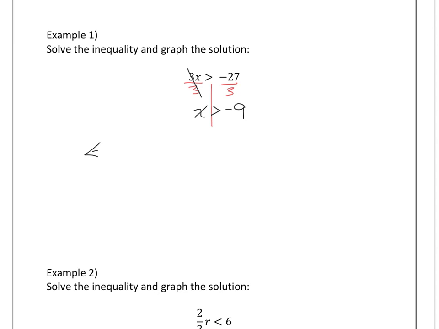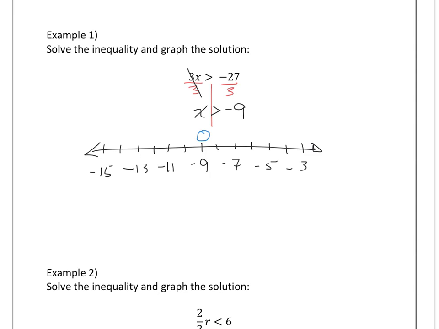So if we're to graph it, negative 9, our boundary point, goes in the middle. So I've got an open circle at negative 9 because there's no equals to. And it says it's greater than, so we're going to put an arrow to the right.